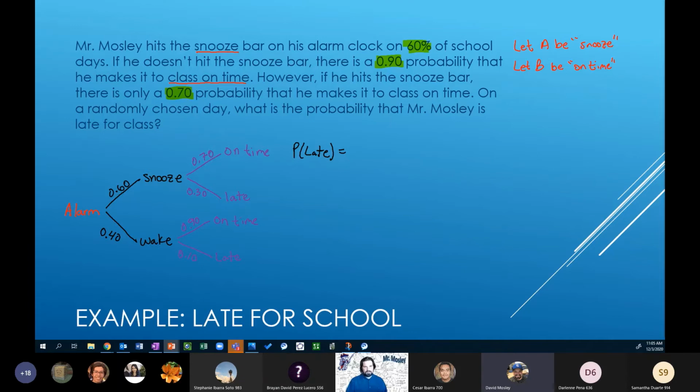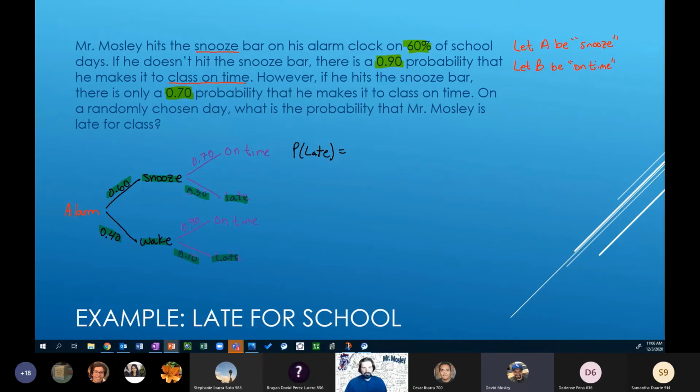One with the snooze and one with actually waking up. So we can have snoozing and late, it's one route through. If we wake up on time, we can be late through this route.